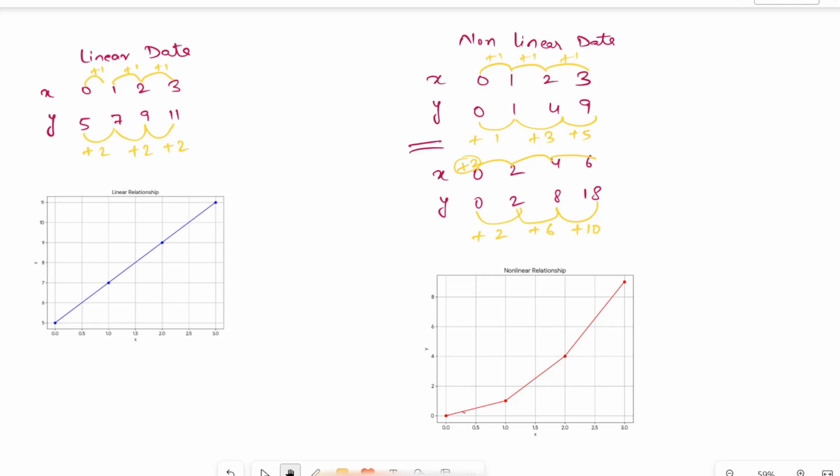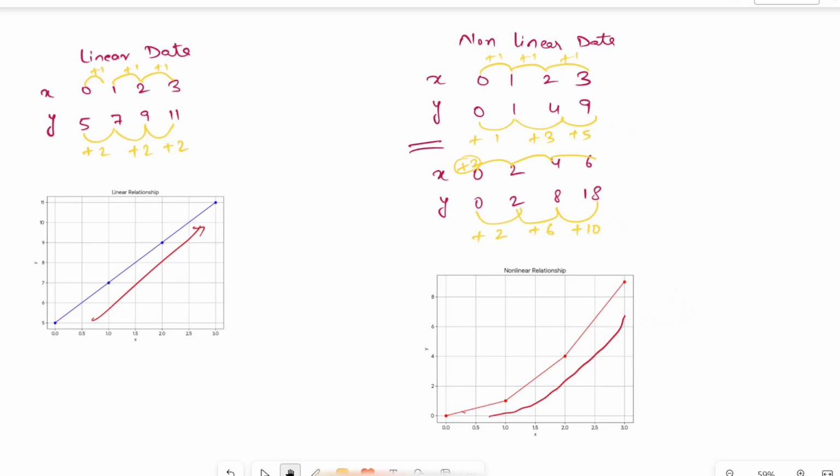If we draw the relationship, then in the graph our linear data will show a perfect straight line, but when we draw the graph based on our non-linear dataset, we get a curved line.